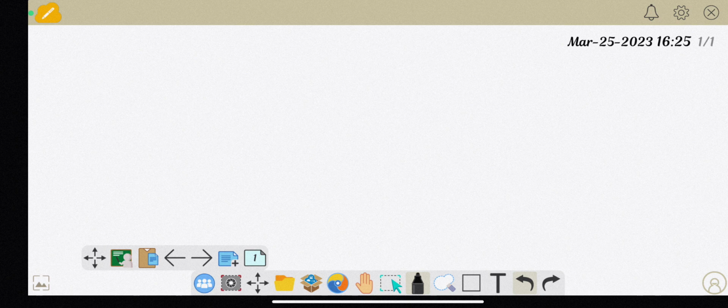So now I'll open my graph here, Desmos. Let's analyze some graphs. I will draw some curves. Y is equal to x is a straight line, correct? What about y is equal to x square?